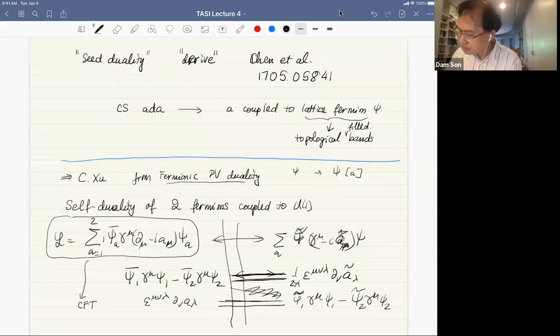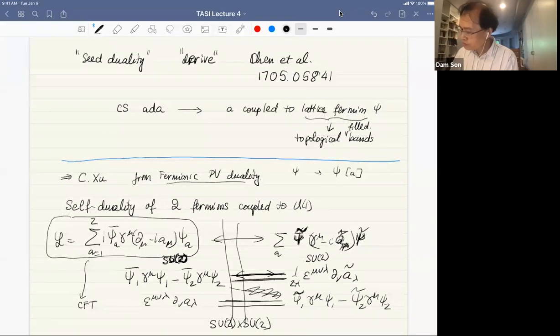That is, this theory has an SU2 global symmetry, right? And this one has an SU2 global symmetry, but a completely different global symmetry, because it's the global symmetry of the tilde side. Okay, and so the statement is that the fixed point, the CFT, must have an SU2 cross SU2 symmetry.